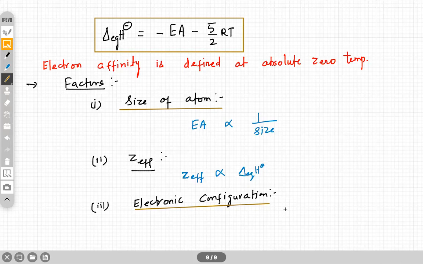Hence, energy is required to add an electron on these configurations.